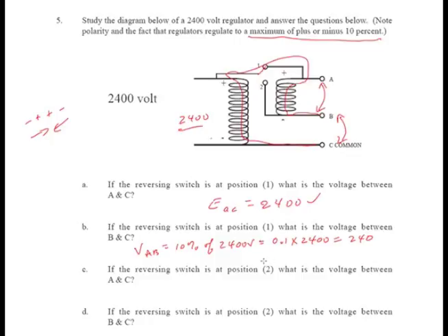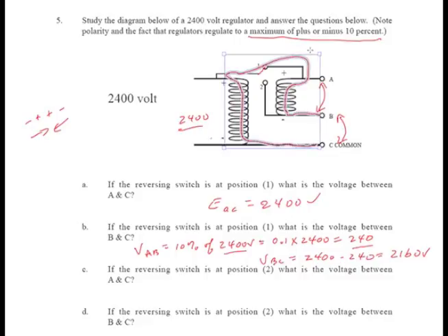We said it's series opposing, so this is going to subtract 240 volts from the 2400 that's applied. So voltage B to C is equal to 2400 minus 240, and that's going to be 2160 volts. Okay, if the reversing switch is at position 2, what's the voltage between A and C?